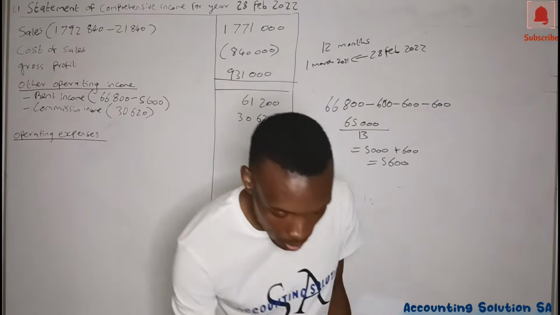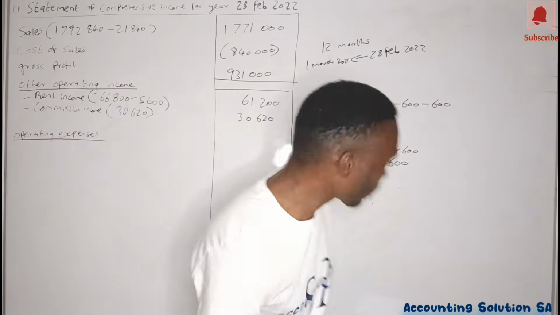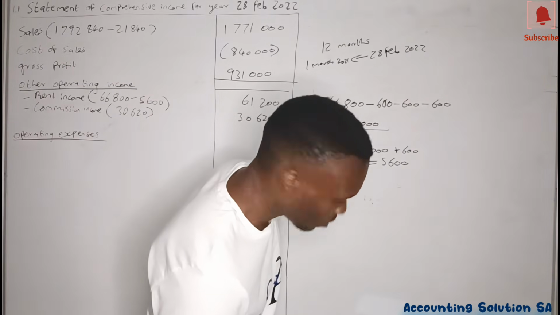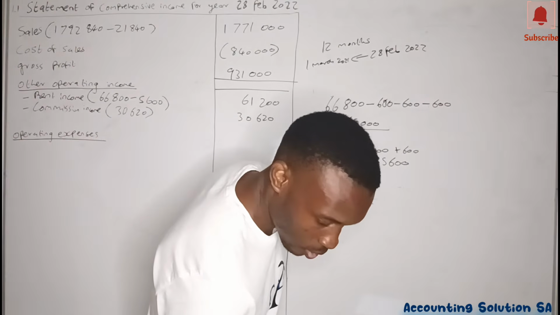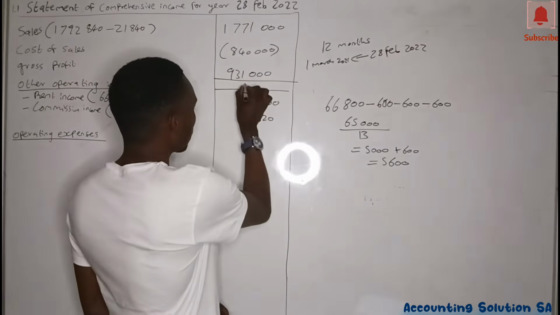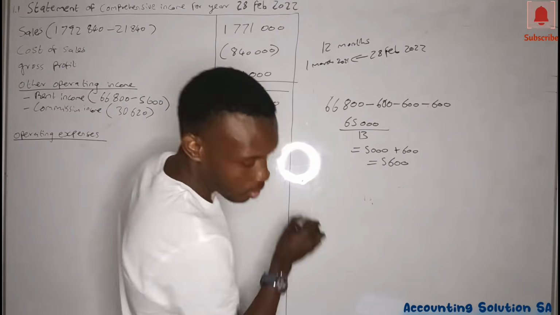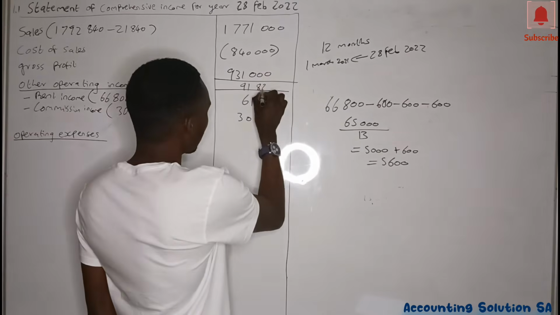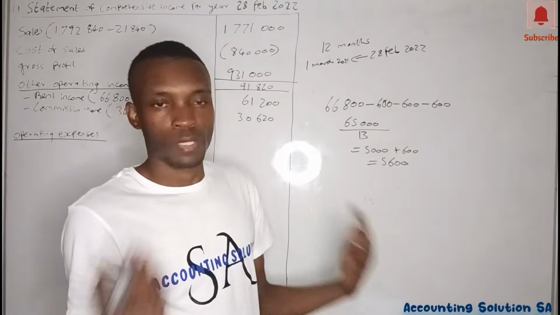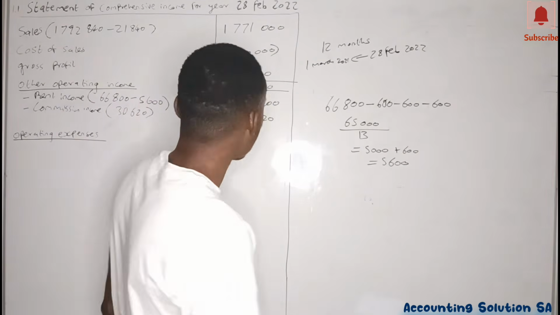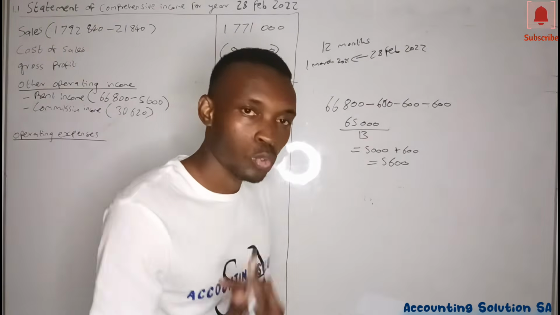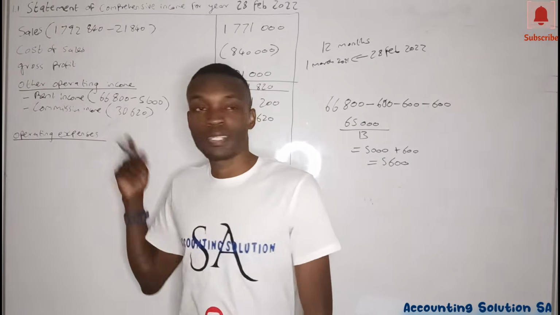If you add 61,200 plus 30,620, it's going to give you 91,820. Simple as that.